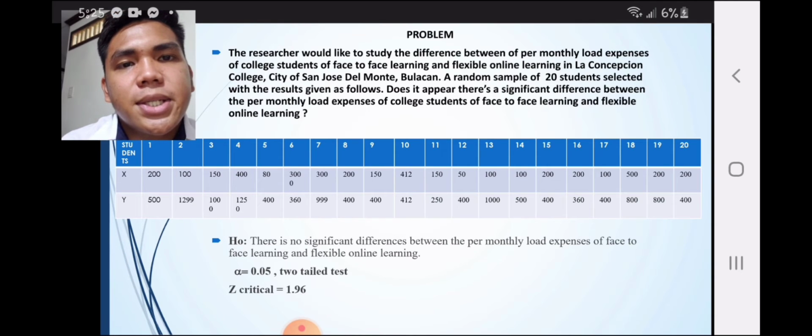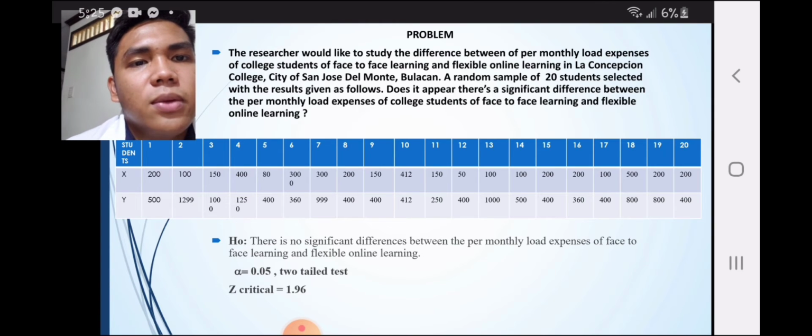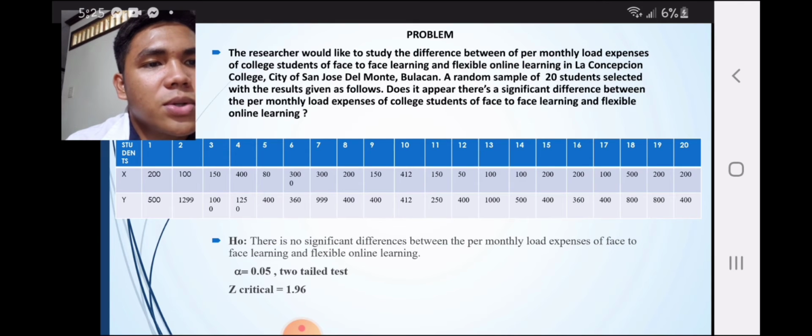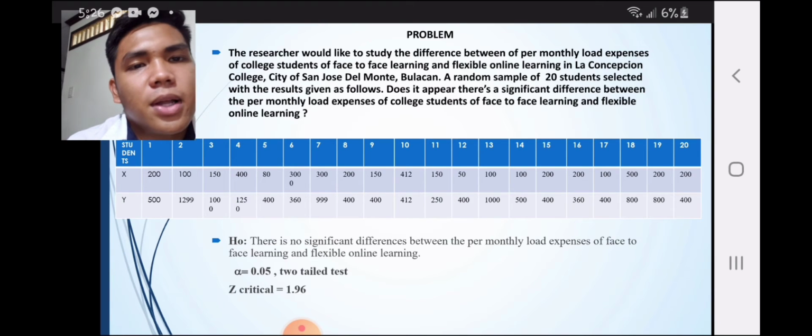And the Y is 500, 1,299, 1,000, 1,250, 400, 360, 999, 400, 400, 412, 250, 400, 1,000, 500, 400, 360, 400, 800, 800, and 400.